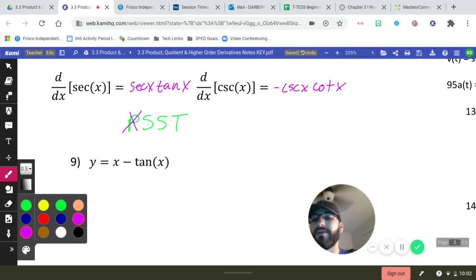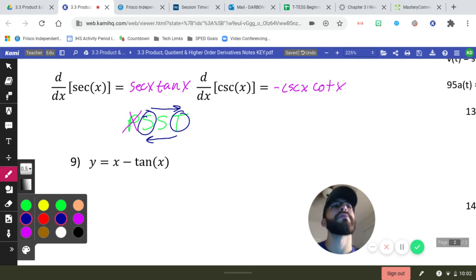But with psst, I know that the derivative of secant is equal to secant times tangent, and I know that the derivative of tangent is equal to secant times secant, which is secant squared. So that's kind of nice.